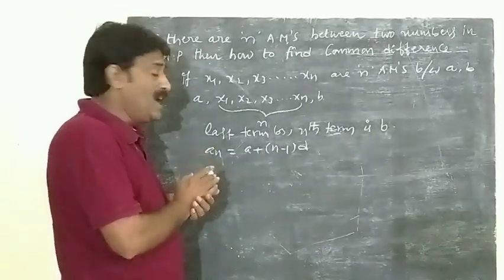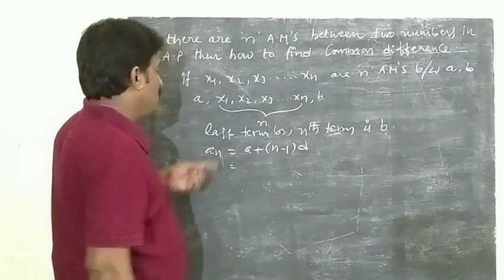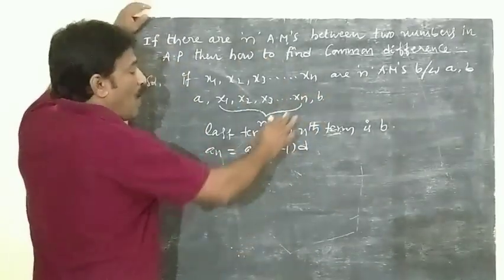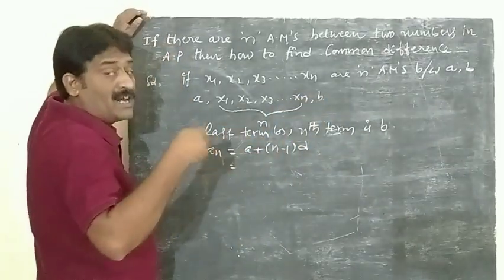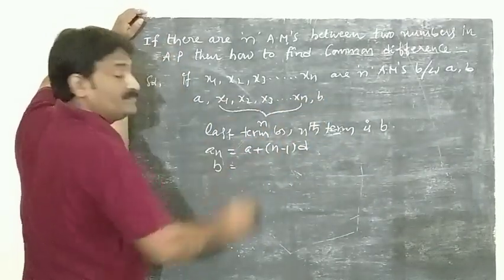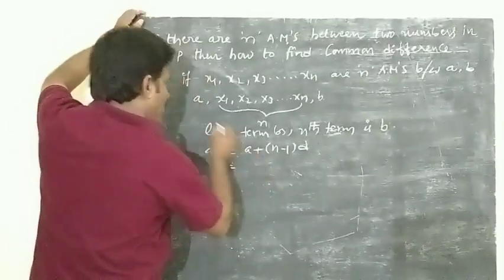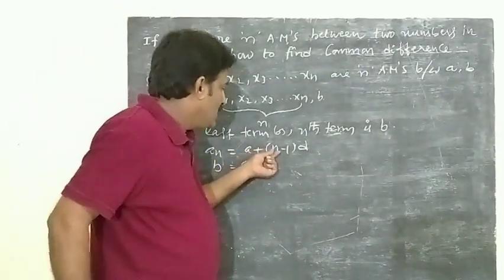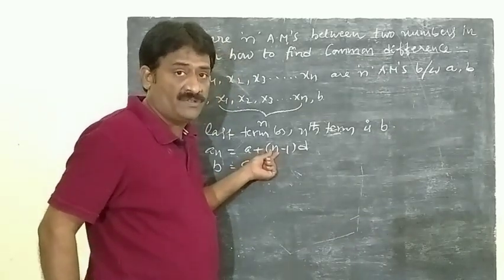Here a means the first term and an means the last term. What is an? an means the last term, that is B. So B is equal to a plus (n minus 1) into d.